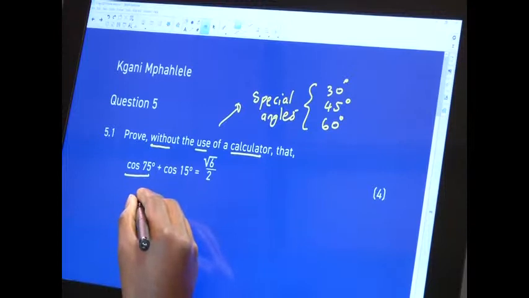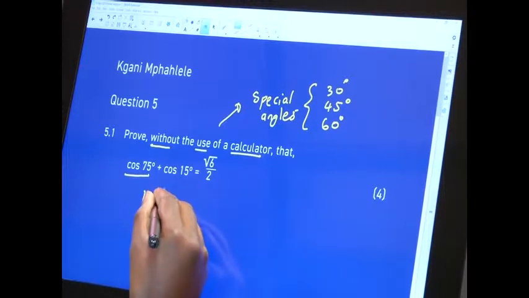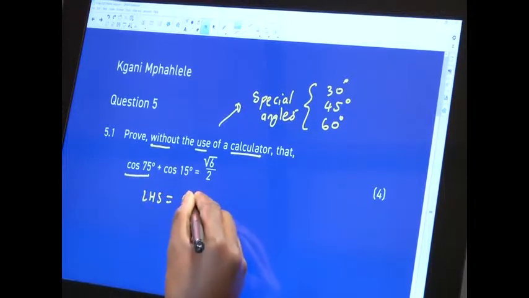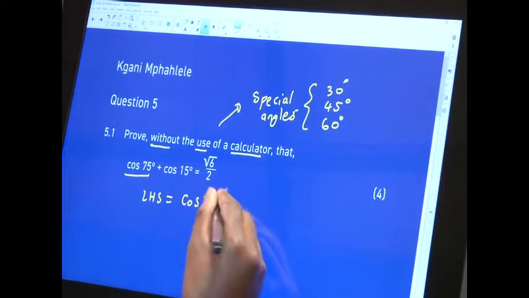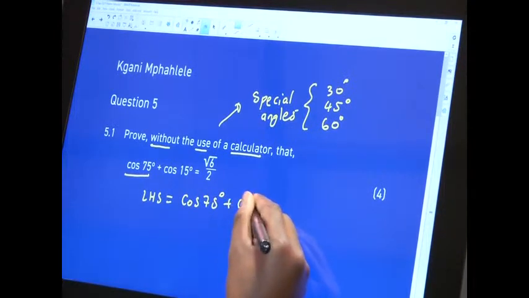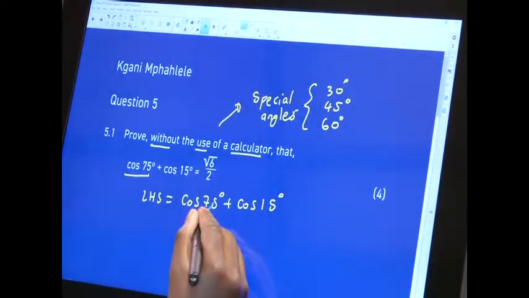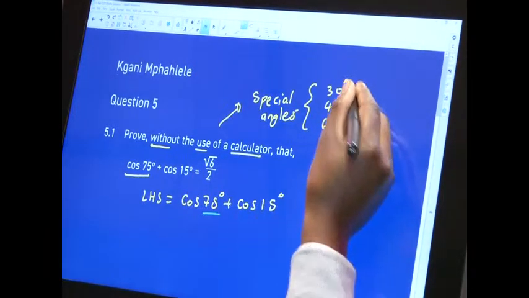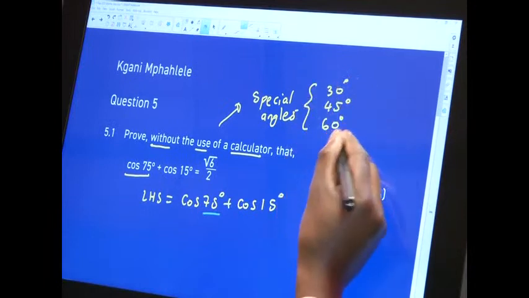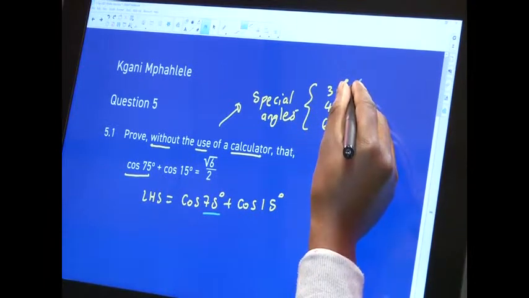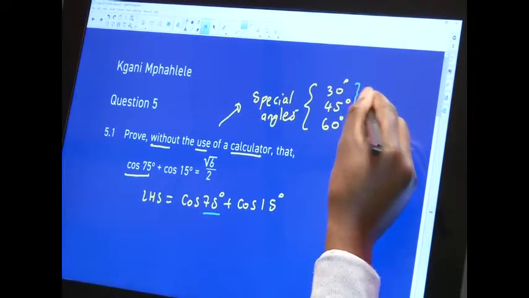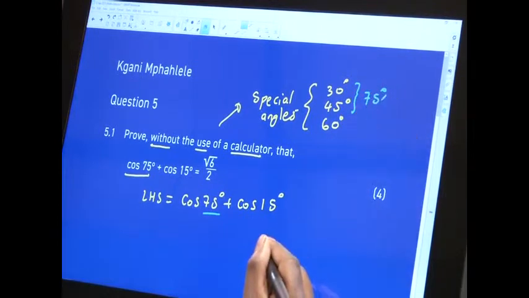So on the left-hand side, we have cos of 75, adding the cosine of 15 degrees. So the question is, how can I represent 75 degrees using my special angles? I think you guys will agree with me that the sum of 30 and 45 is indeed going to give you 75 degrees.